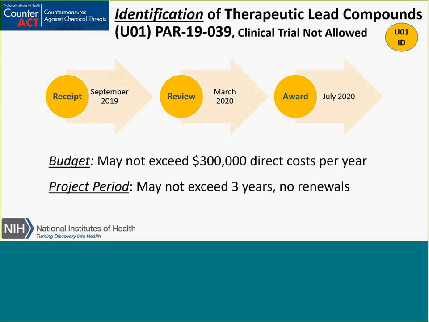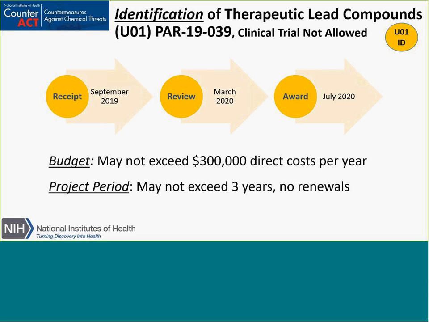The application dates are September 2019, review in March 2020, and the award is made in July of 2020. It's often encouraged to submit a letter of intent for these applications so that we can help our review team gather the best scientific expertise.